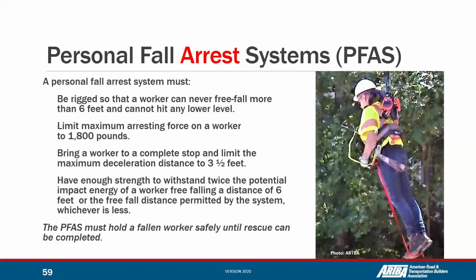And it is something very, very important because we have orthostatic trauma or suspension trauma, and we need to rescue the person as soon as possible to prevent these kinds of problems that we are going to study in this presentation too. So to understand a little more about personal fall arrest systems, let me show you this video.